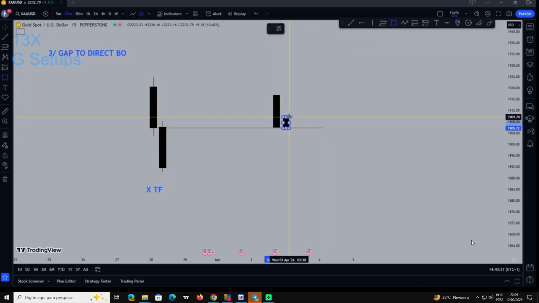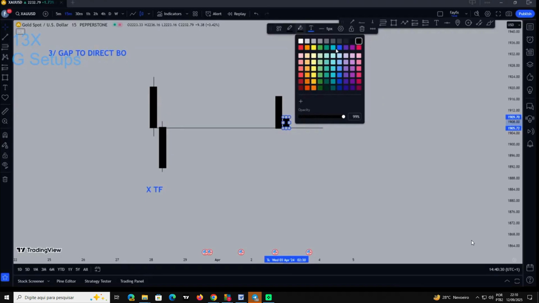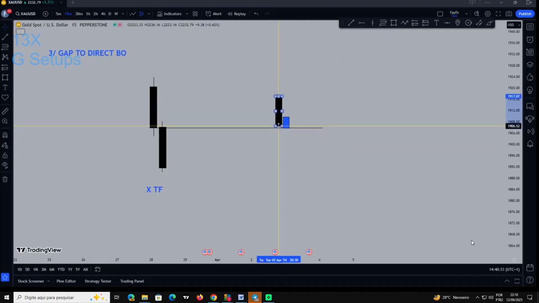We have a bearish gap followed by a bullish gap to form a V level, the V level that got instantly broken. That's what we call a direct breakout.